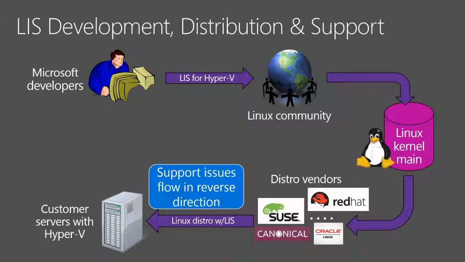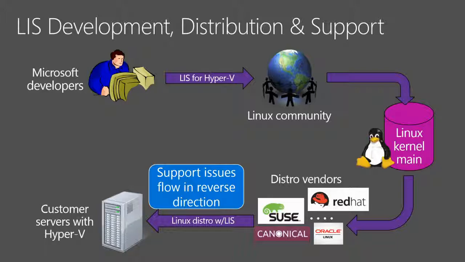Now, if it's a problem with the LIS, with what the Microsoft developer wrote, it's going to eventually end up back in our chair to deal with. But you have the support relationship with Red Hat to make the right thing happen there and to get that problem solved. We're going to engage as part of the Linux community to get that solution put in place.